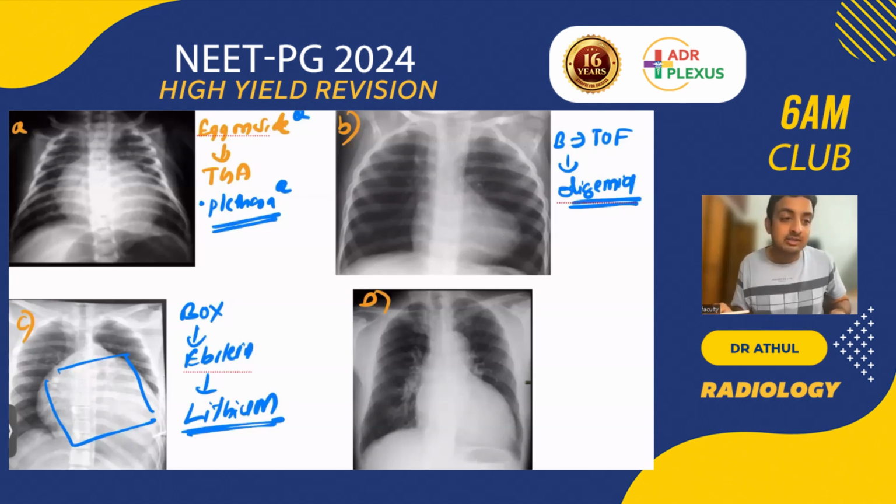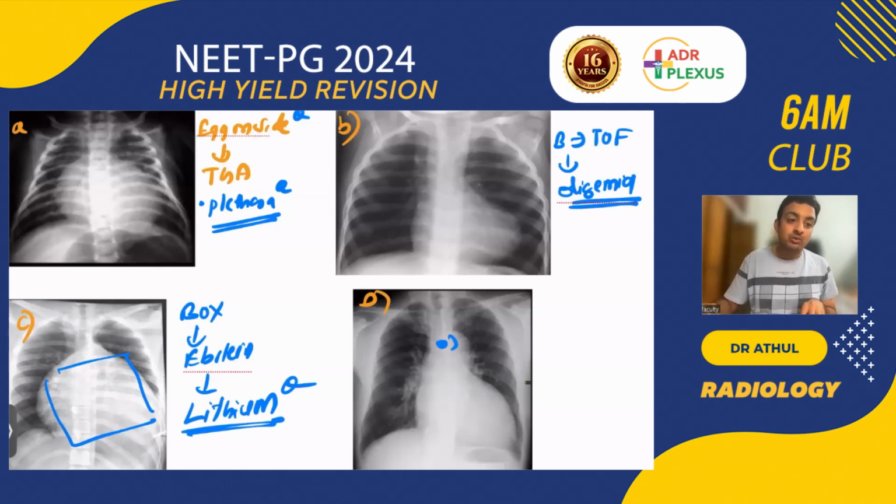Yeah, excellent. So in Beck's triad, there will be elevated JVP, decrease in BP, and muffled heart sounds. Okay, so these are the components. Okay, so lithium, Epstein's anomaly, box-shaped heart. And anyone about D? Everyone knows ABC. What is D? If I draw an eye like this, can you tell me what is D?